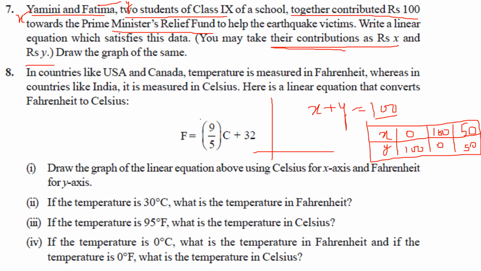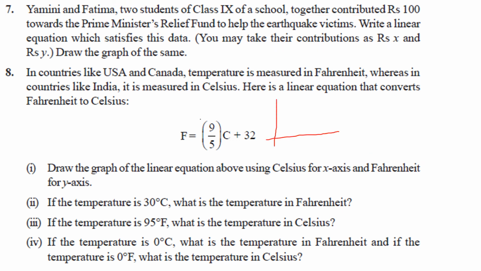So you can take this as 10, 20, 30, or you can take the scale as 20 also: 20, 40, 60. So it depends on you what scale you want. As per the values you have found, you can find an appropriate scale. After making that scale, you can easily plot the graph.